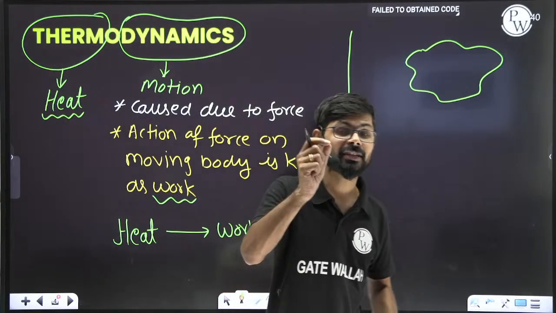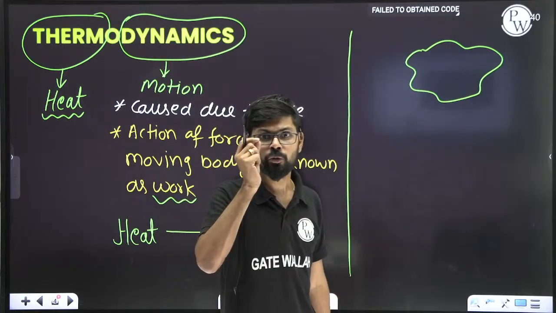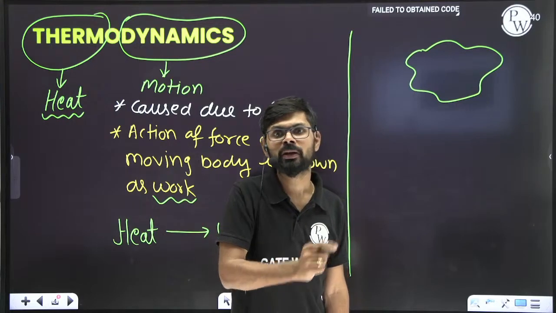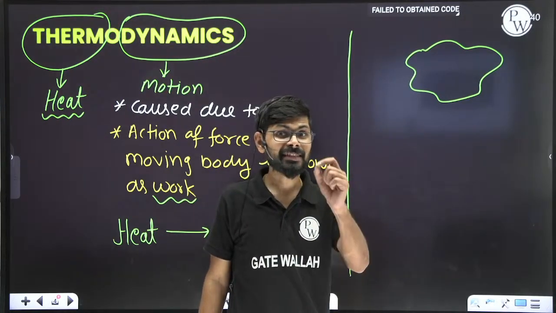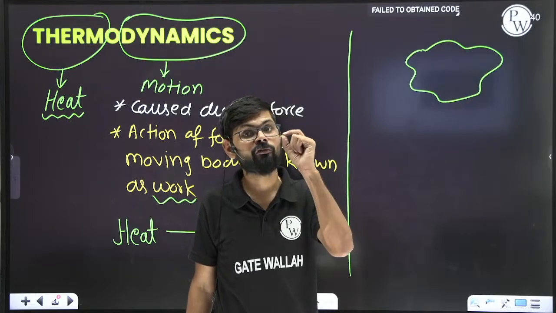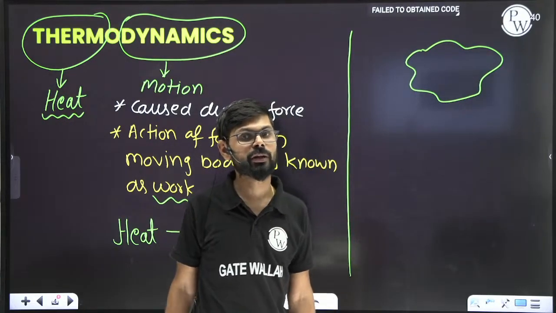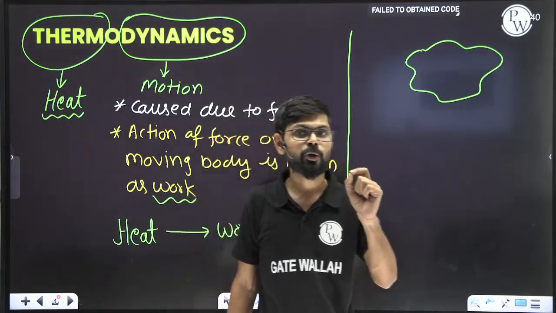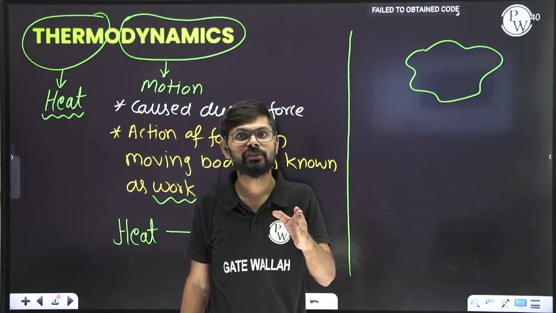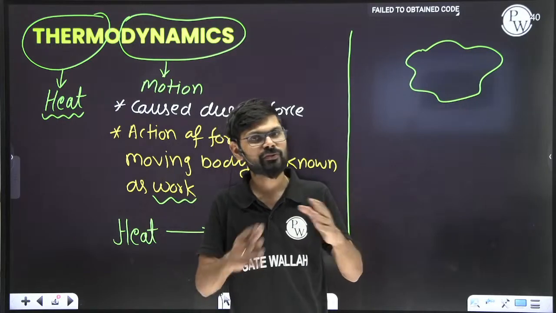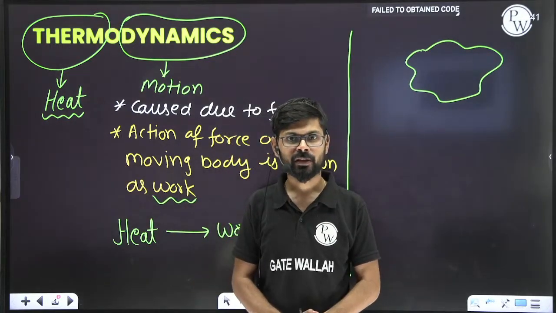But what is the difference? How is thermodynamics going to be differentiated from all other sciences? That is the role of one property, and that is called what? Temperature. So temperature is the property which actually distinguishes the subject thermodynamics from all other sciences.